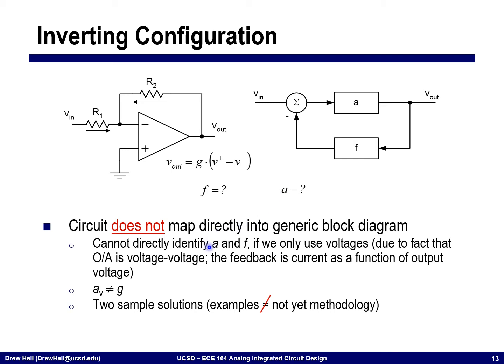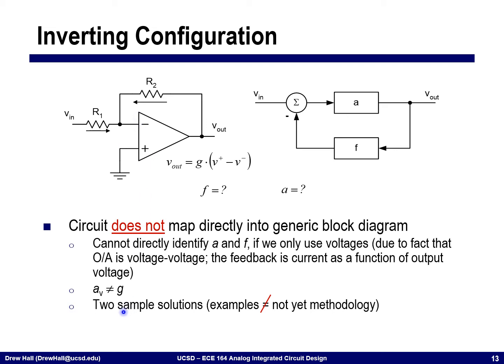We can't easily identify A and F using only voltages, and this is really due to the fact that we're feeding back this current that I described earlier. This current is a function of the difference between the input voltages here.